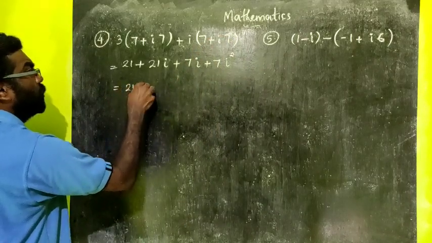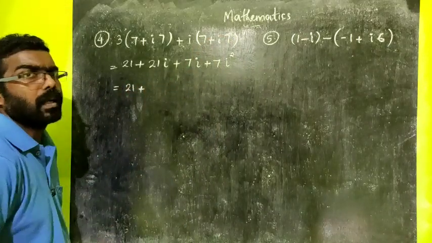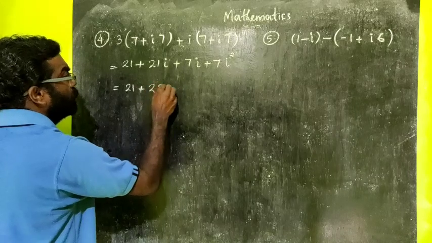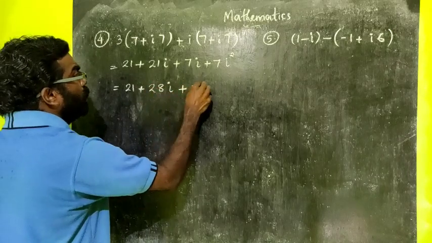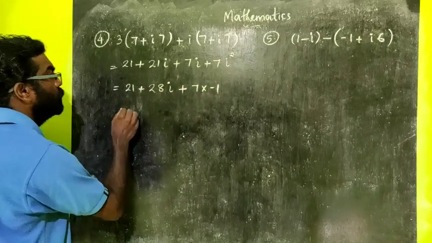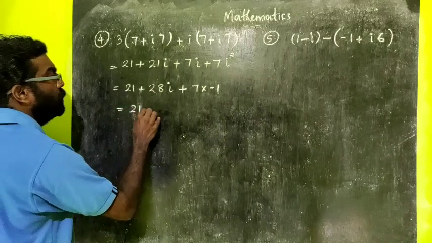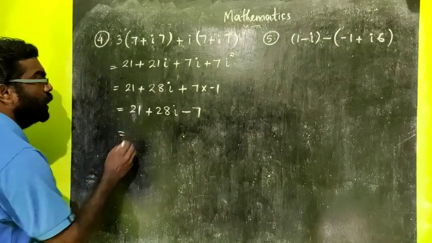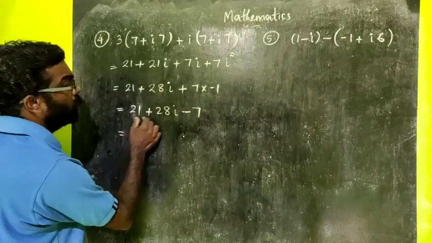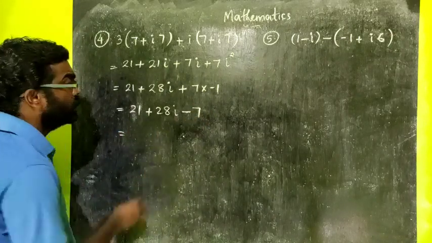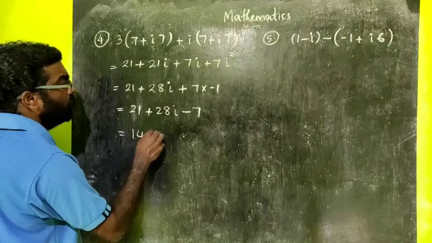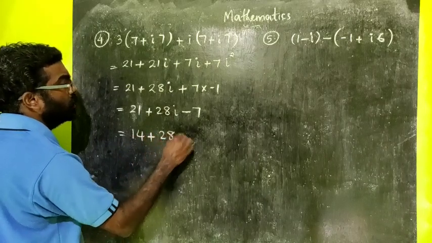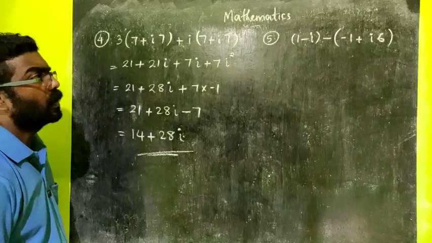That is 21 plus 21i plus 7i, 28i. Then 7 into i square is minus 1. So 21 plus 28i minus 7. Now we can add the real part, 21 minus 7 is 14. So 14 plus 28i.